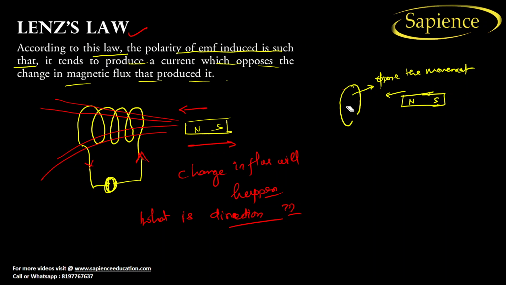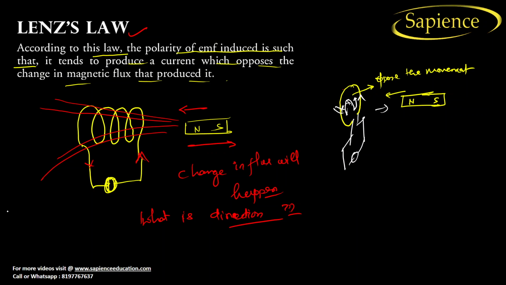Let us draw it in a proper way. If it behaves as a north pole here, it means that the current will move in the anti-clockwise direction. Got it? So the induced EMF or induced current will be in such a way that it creates a north pole and opposes the motion.